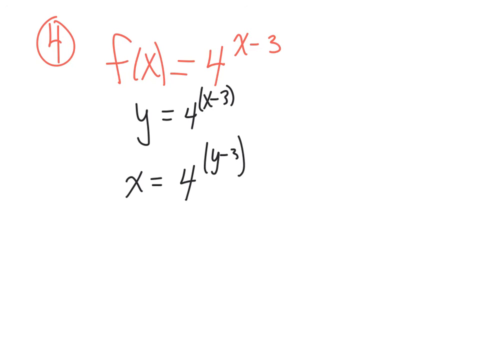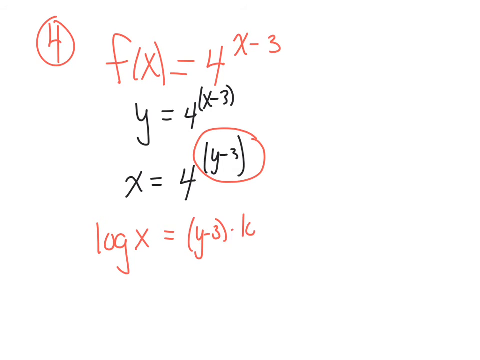All right, so remember, to solve an exponential, we use logs. So I'll take the log of one side, and I'll take the log of the other, but it just takes that whole exponent and moves it down in front. My goal is to get that y by itself, so I'm going to divide both sides by log of 4.